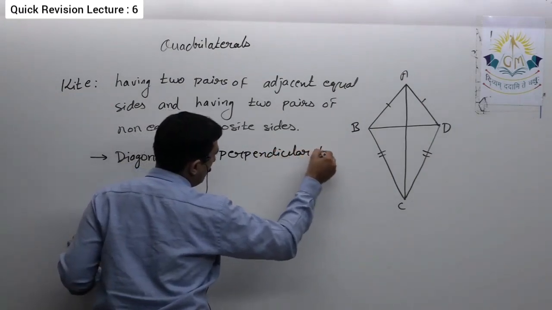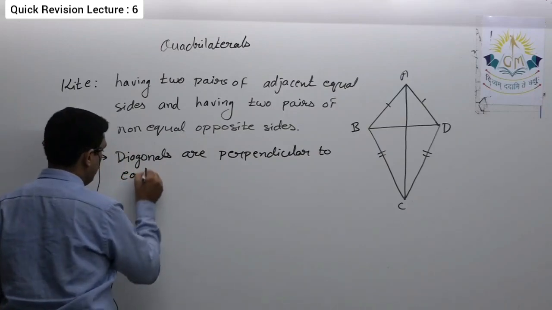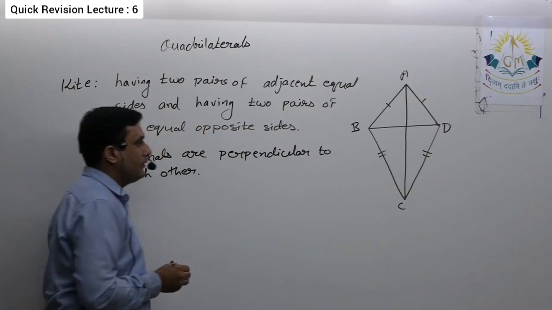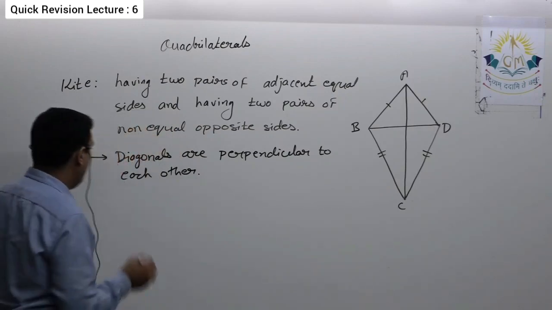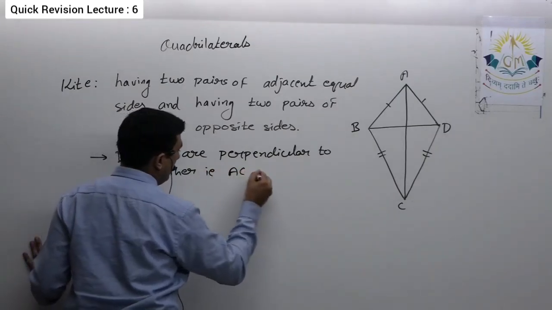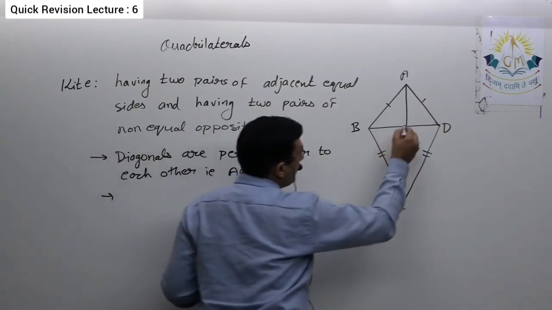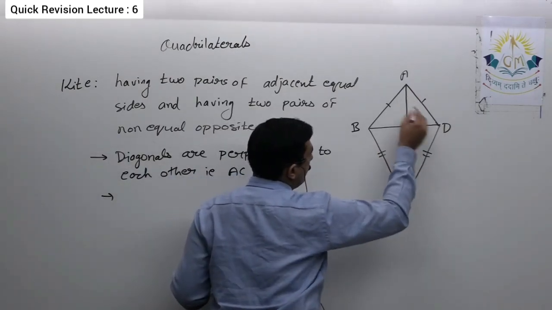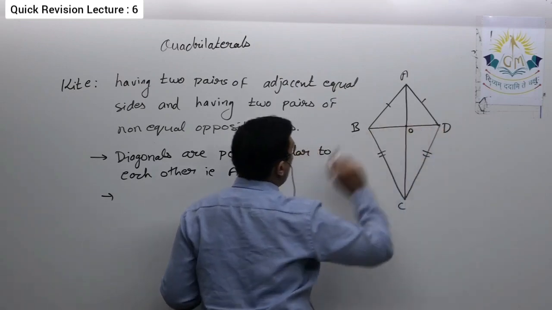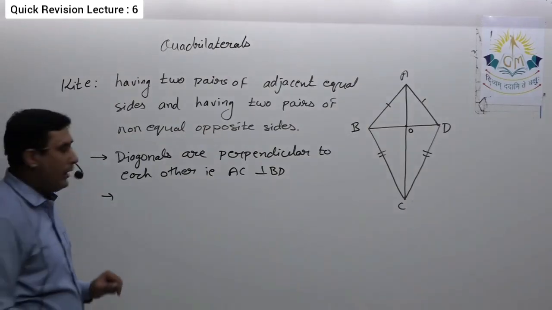That means AC is perpendicular to BD. Or in other words, angles AOD, AOB, BOC and COD are 90 degrees. That means these four angles forming at point O are 90 degrees.